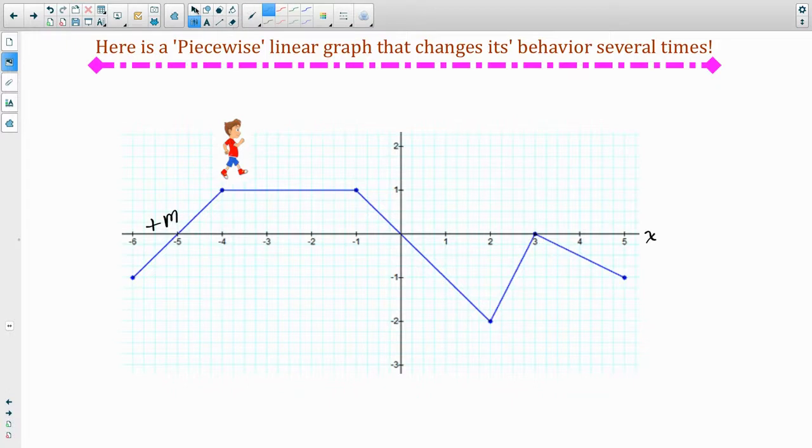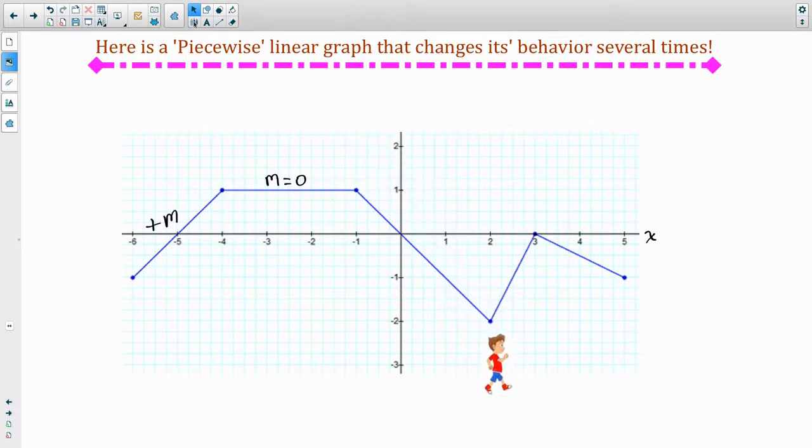But then he gets to another piece of the line between -4 and -1, and he's not walking up and he's not walking down. Well, when that happens, we know that it's not positive, it's not negative, that the slope will be equal to 0.